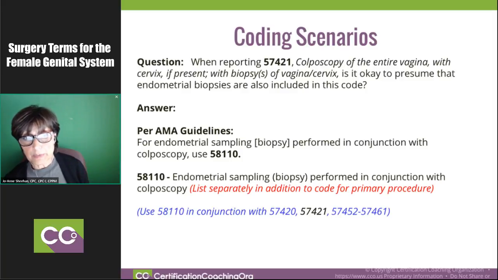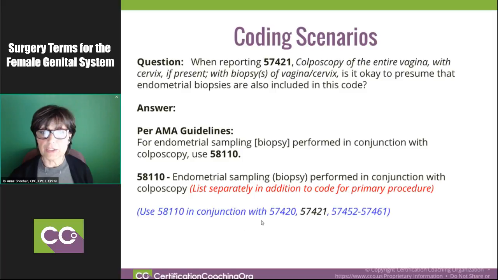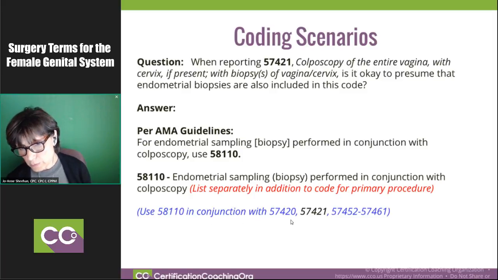And you will see here when you look it up that it says list separately in addition to the code for primary procedure. So here in the guidelines, it says use 58110 in conjunction with, and they list 57420, 57421, 57452, 57461. And this one, they're asking about the 57421. So it's saying you would add this with this.